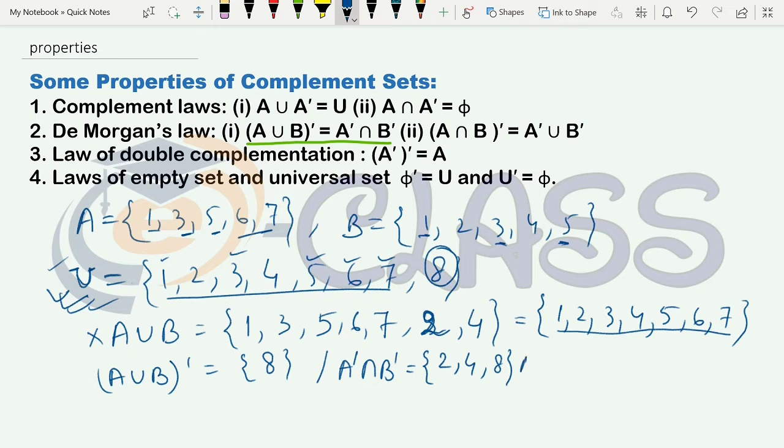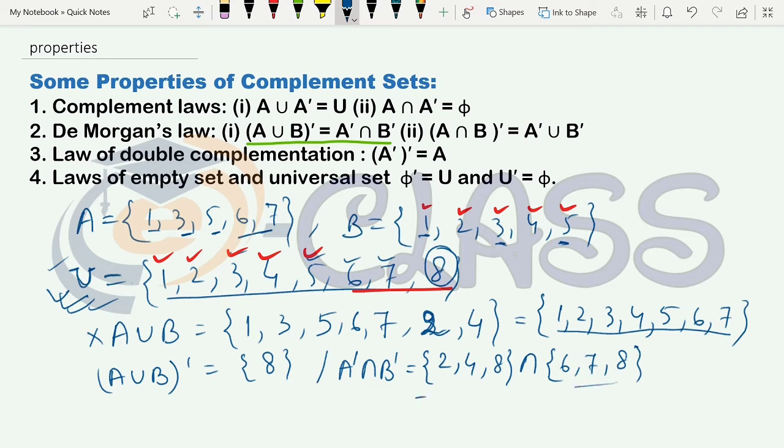Now for B complement, we just omit 1, 2, 3, 4, 5. So the remaining elements are 6, 7 and 8. So this is B complement.